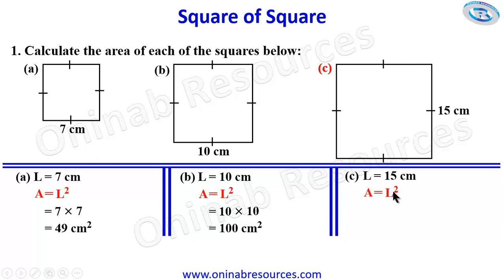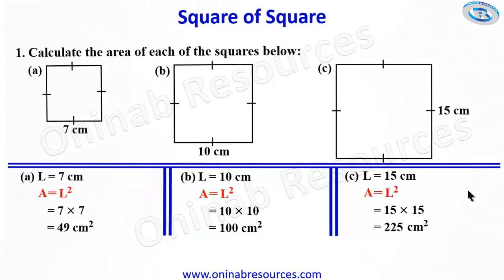Our area still remains L squared. That's going to give us 15 times 15, since the length is 15. 15 times 15 gives 225 square centimeters, representing the area of a square whose length is 15 centimeters. And that's all for problem 1.